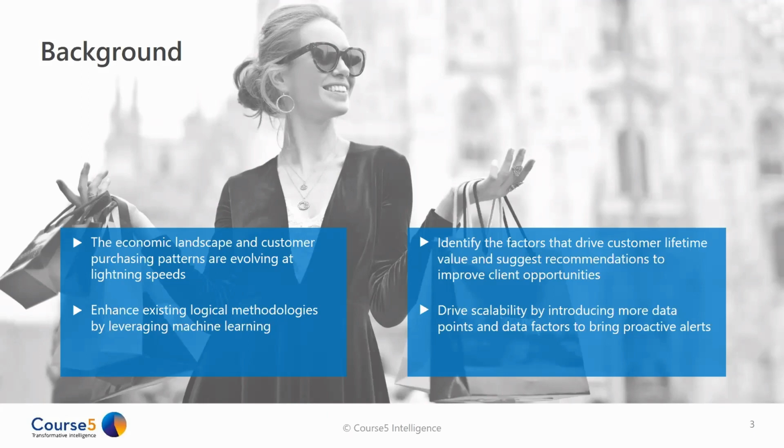To put it in a simple way, this is to look at what we have traditionally been doing, and how we can create more value out of the system by applying certain ML techniques on top of it. This majorly covers two things. One is to identify factors that drive customer lifetime value and suggest recommendations to improve client opportunities.